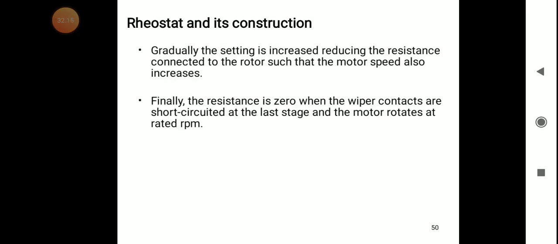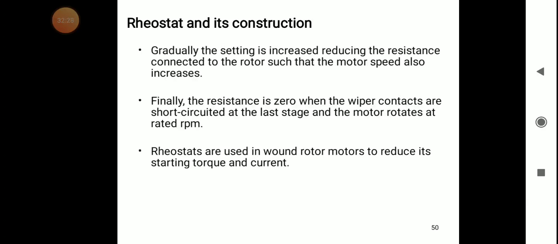Finally, the resistance is zero when the wiper contacts are short circuited at the last stage and the motor rotates at rated RPM. The rheostats are used in wound rotor motors to reduce its starting torque and current.